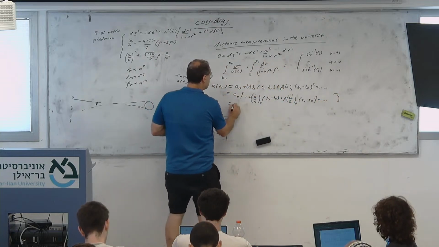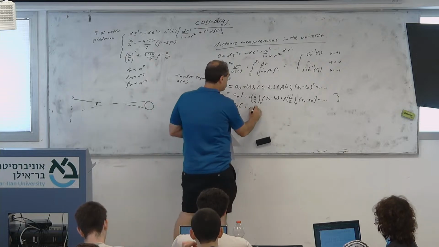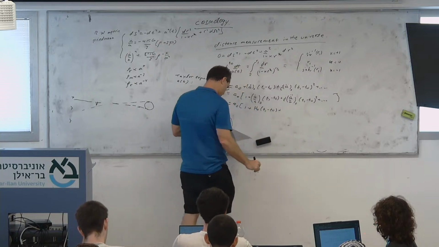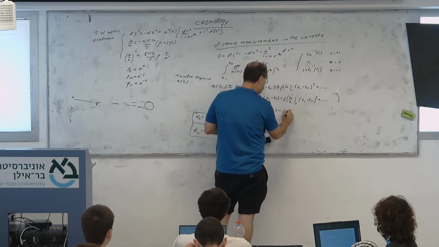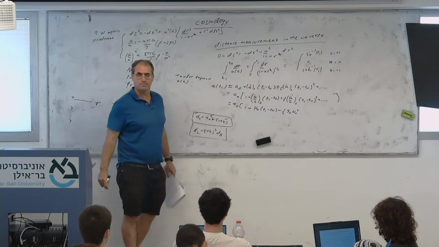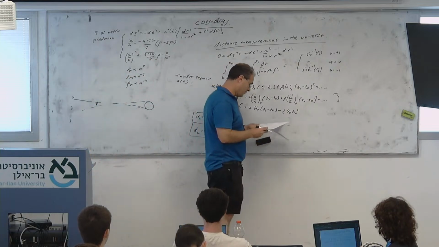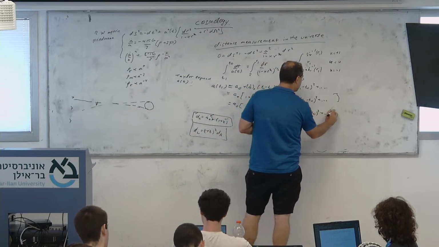So this is simply a0 times 1 plus, what is written here? H0 times t1 minus t0 plus, what is written here? So it's actually minus 1 half q0 H0 squared. Remember the q0? I promise you, we're not putting it in for nothing, times t1 minus t0 squared plus whatever.